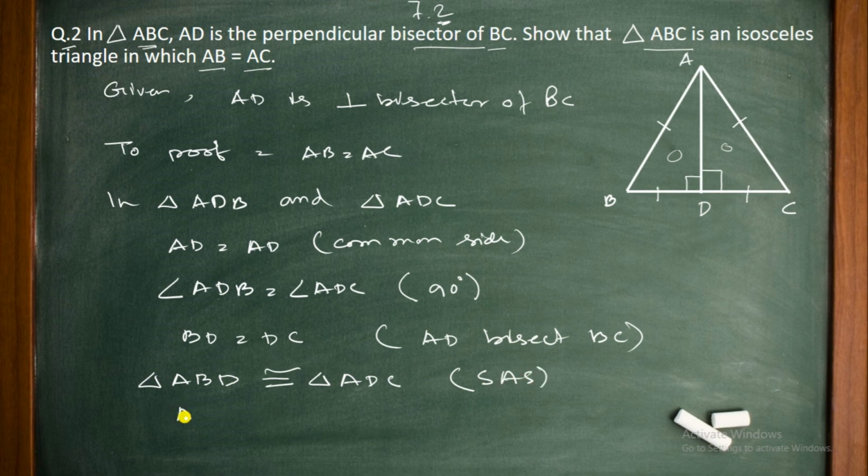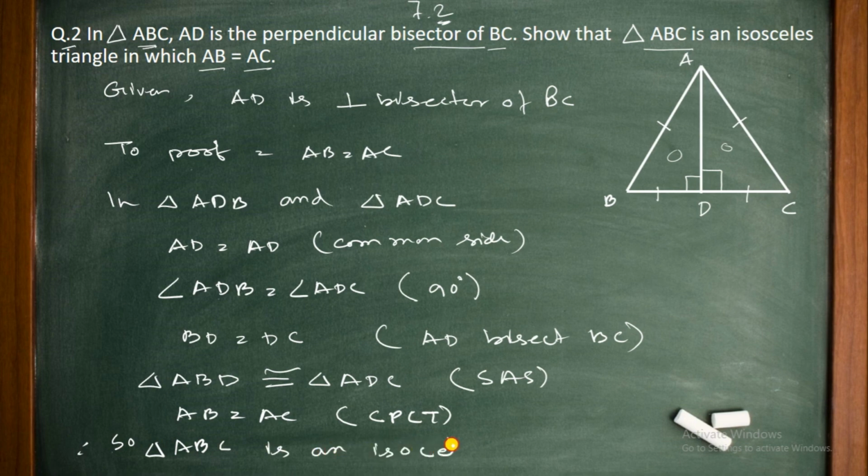That means AB is equal to AC by CPCT because they are the corresponding parts of these two triangles. So triangle ABC is an isosceles triangle. Thank you.